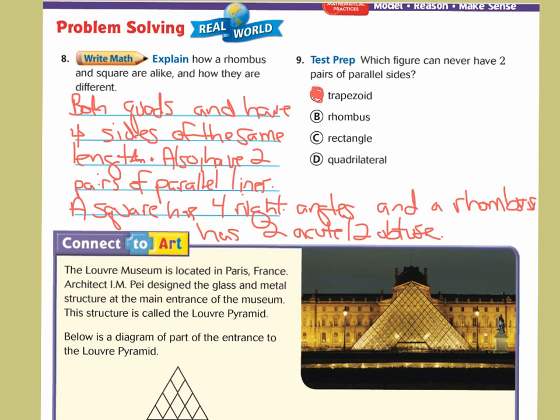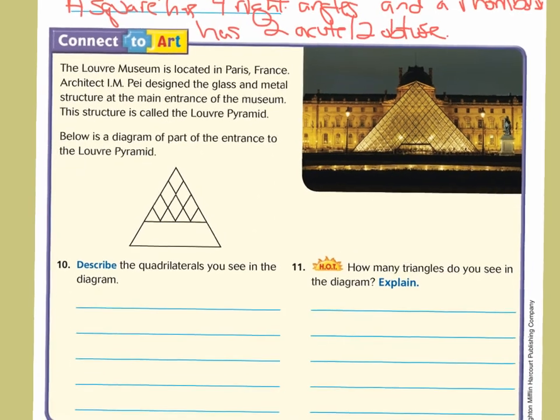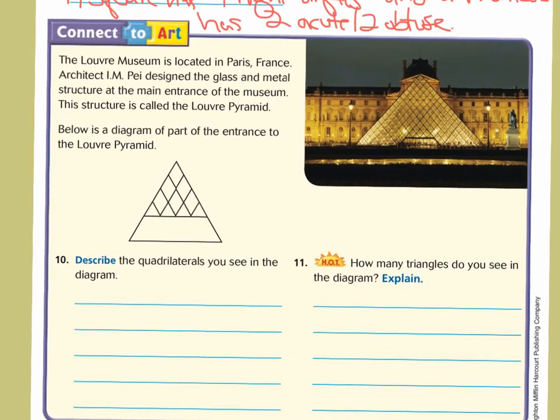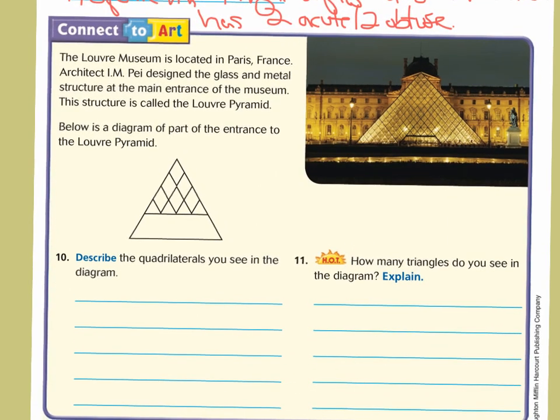And for fun, I won't go over this, but if you guys have extra time, look at number 11, that's the Louvre. It's pronounced the Louvre Museum in Paris, France. Number 11 says how many triangles do you see in the diagram? There are actually 12.